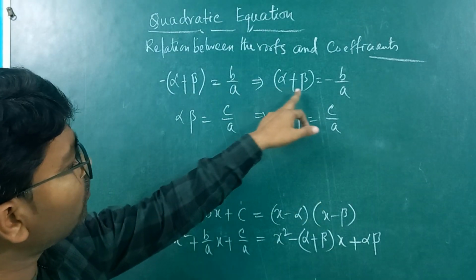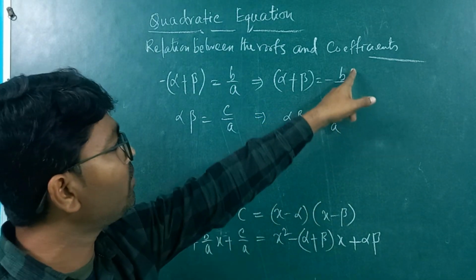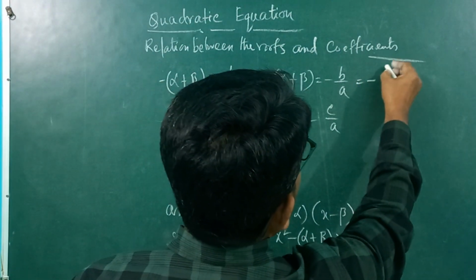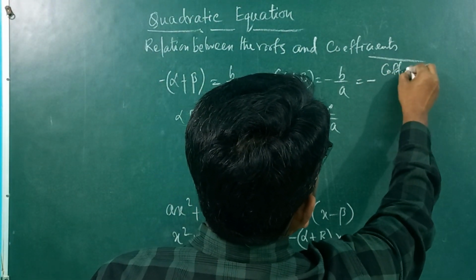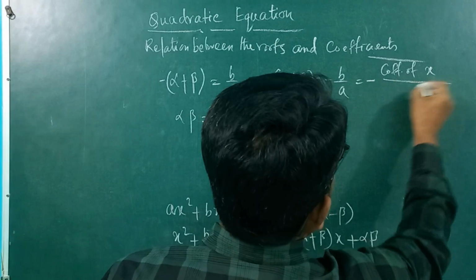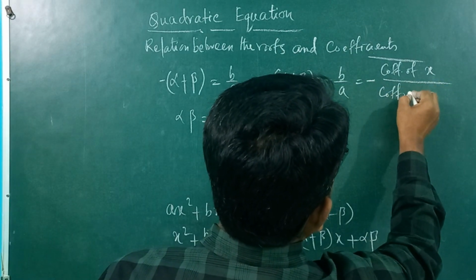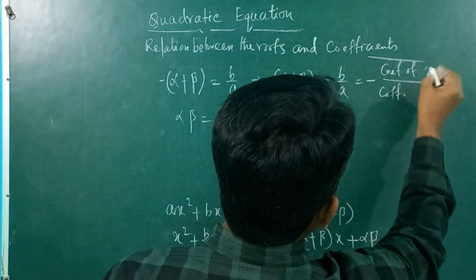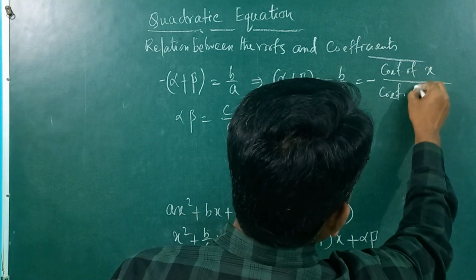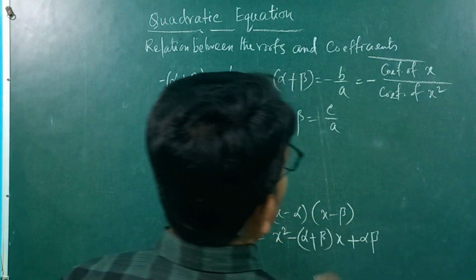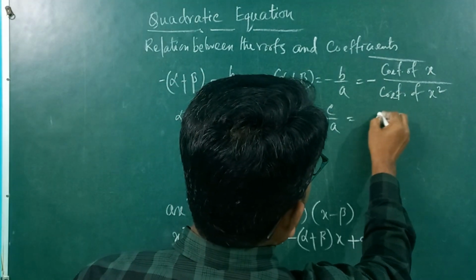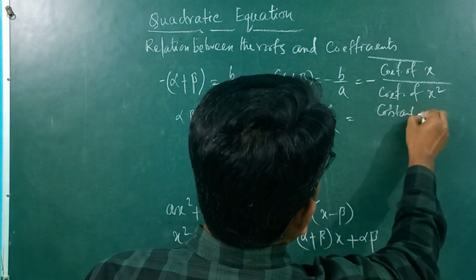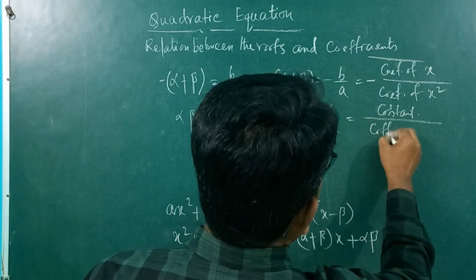That is, sum of the roots alpha plus beta equal to minus b by a. What is this one? This is coefficient of x by coefficient of x square. What is alpha beta? This one is constant term by coefficient of x square.